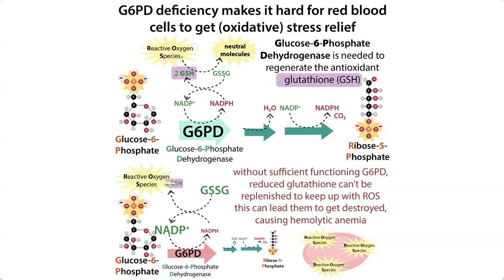If we have a problem with G6PD, we can't make NADPH. And not only can we not make that first NADPH, that was our pathway step to getting the second NADPH down the line. So we're going to build up NADP plus, which is going to further inhibit G6PD, and we're not going to have the G6PDH that we need.